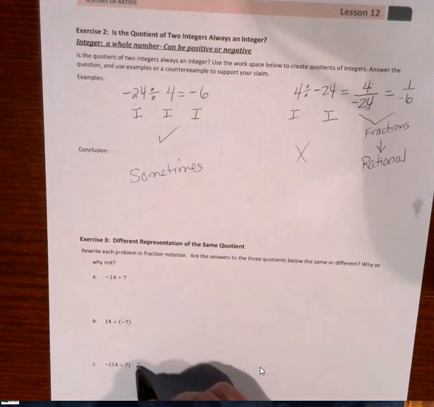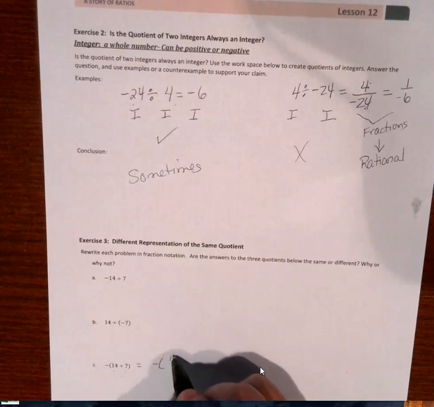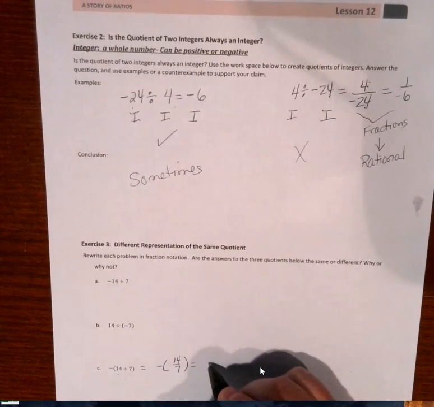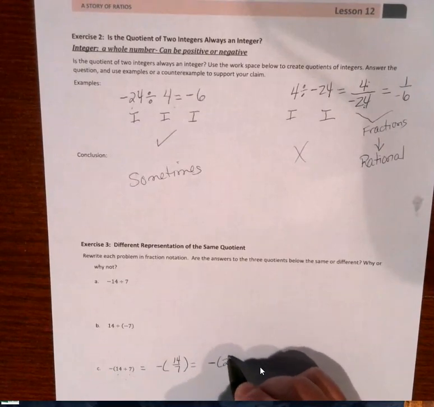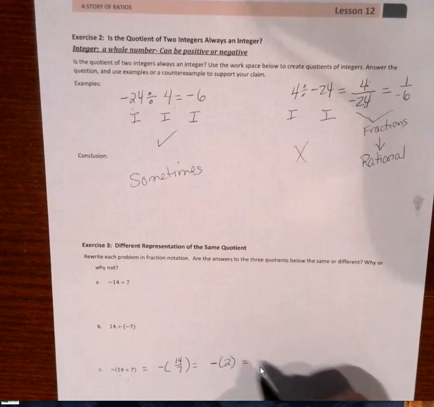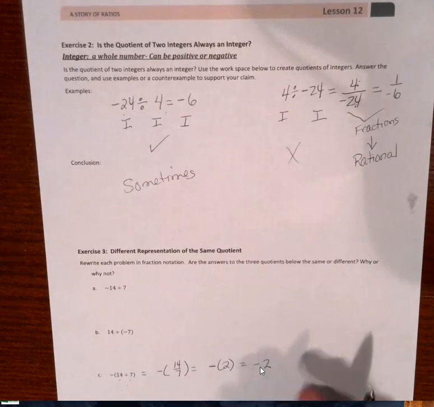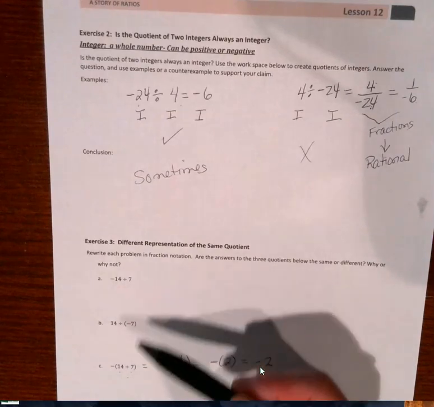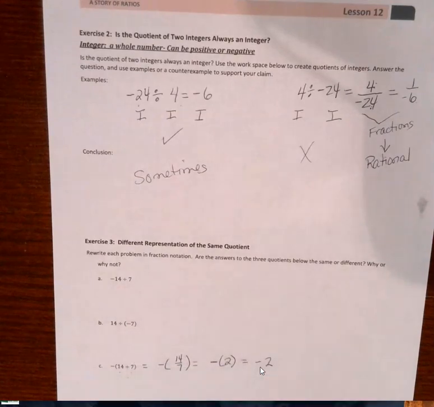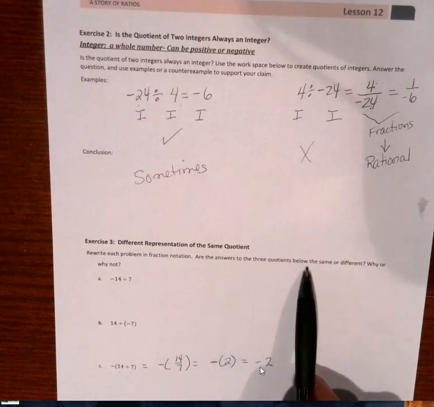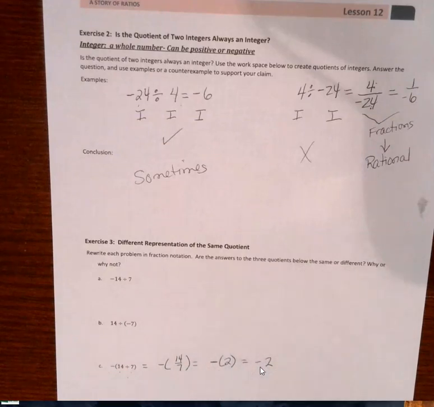So that becomes negative 14 divided by 7, which is equal to negative the answer, the opposite of the answer, and the opposite would be negative 2. Now I want you to pause the video and solve A and B by yourself, and then decide, are the answers to the three quotients below the same or different? Why or why not?